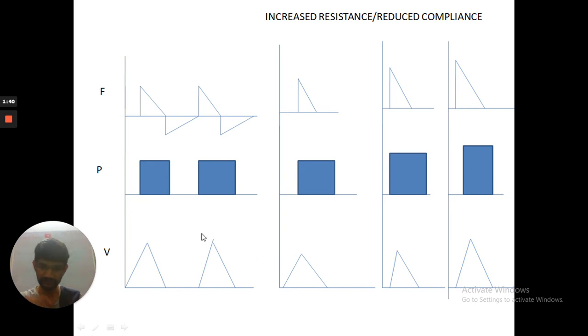You can compare here, the tidal volume is reduced. It gradually increases the flow, gradually increases the pressure, and the tidal volume goes on increasing. Then again in the next breath, it again increases the flow and the pressure till the desired tidal volume is achieved. The left side is before resistance and the right side is after resistance.